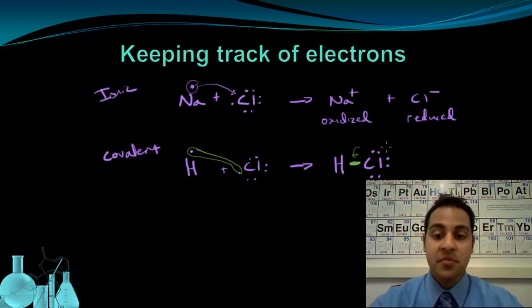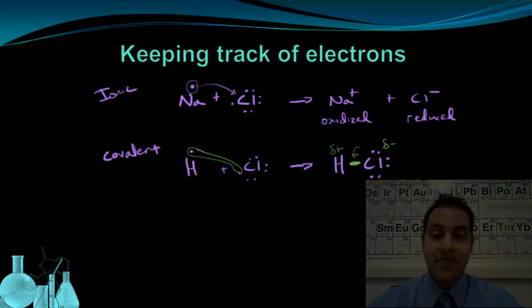Now earlier we called this a polar molecule and we showed it has a partial negative and a partial positive. Remember that the partial negative came from the fact that the electrons spent more time with the chlorine than with the hydrogen, or that they lived closer to the chlorine. So now we're going to look at that in a slightly different way.